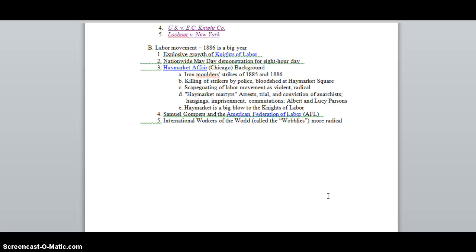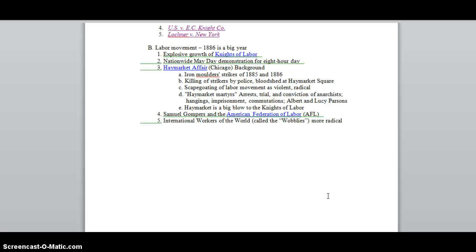As you remember from earlier, this is all going to culminate in what's known as the Haymarket Affair or the Haymarket Square Riot, and it ends in bloodshed, and you have the killing of strikers by police, and then you have an explosion go off that's blamed on the labor union and the workers, and so you end up having arrests and trials and convictions of quote-unquote anarchists who were part of this labor movement.